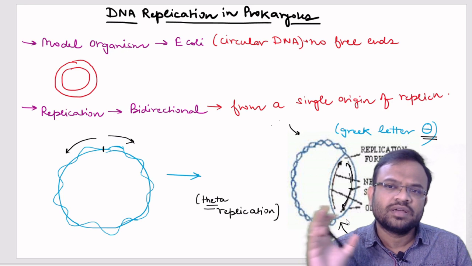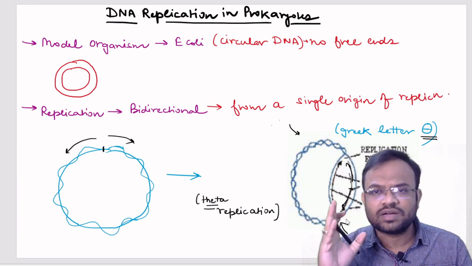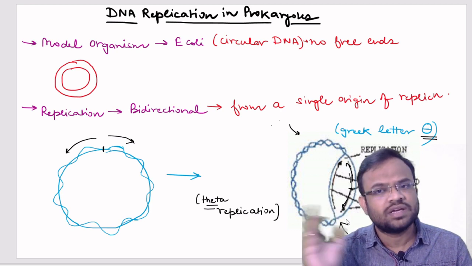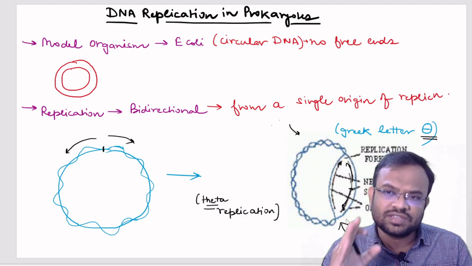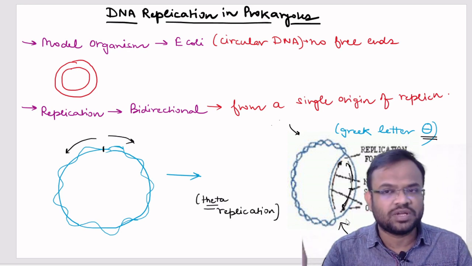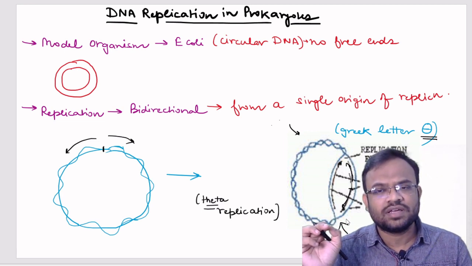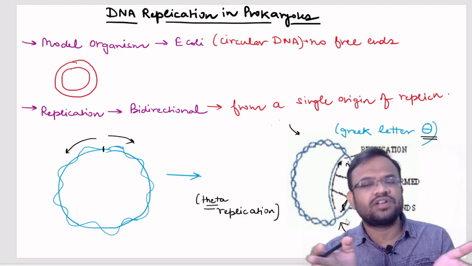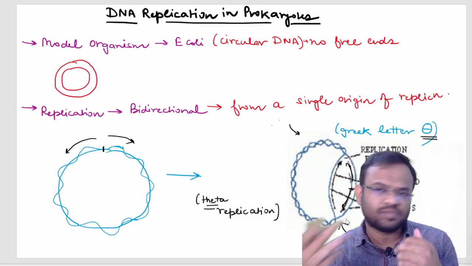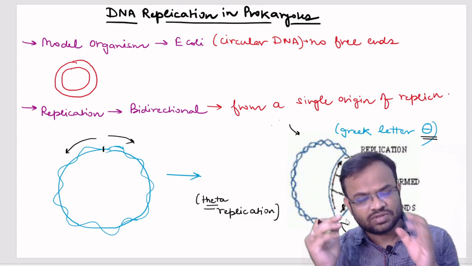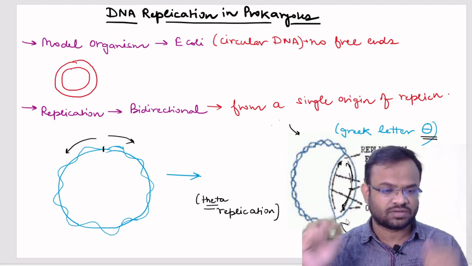Plasmids are also present in prokaryotes, but plasmid replication is called sigma replication. When we are concerned with chromosomal replication, it is called theta replication because it displays the theta shape during replication. So what we have discussed up till now: there is bidirectional replication, prokaryotes have circular double stranded DNA, and the theta symbol is displayed. That is why it is called theta replication.